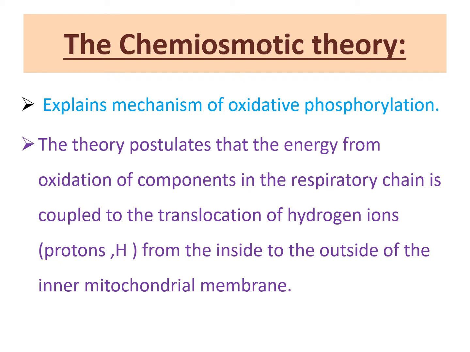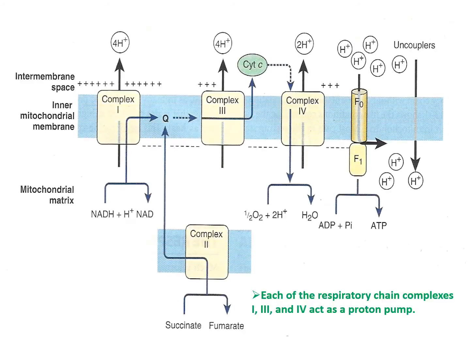This figure explains the mechanisms of oxidative phosphorylation. Oxidation means addition of oxygen or removal of hydrogen, and phosphorylation means synthesis of ATP. For example, here the NADH, which comes from the Krebs cycle, undergoes oxidation when it enters the respiratory chain.